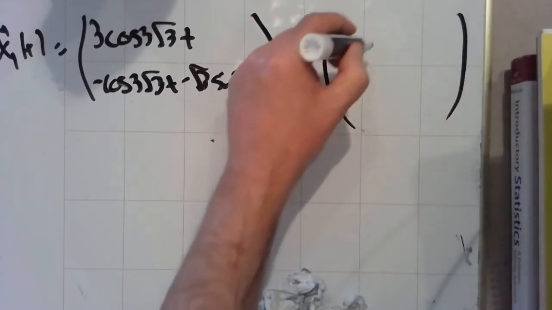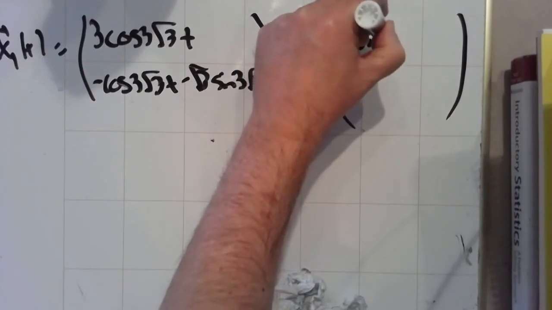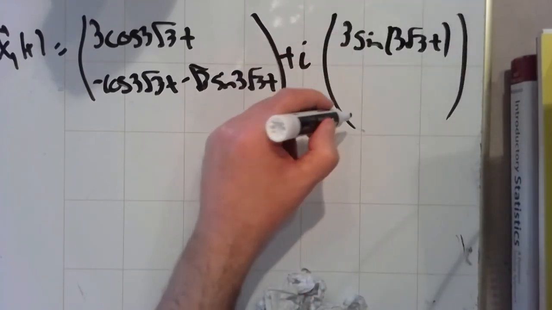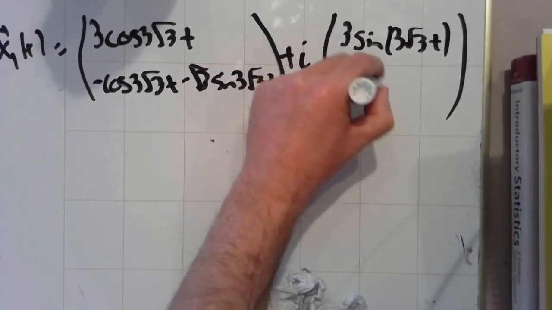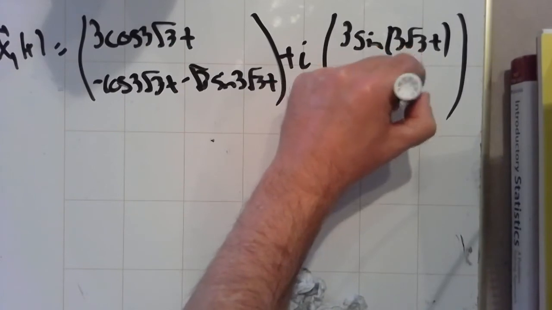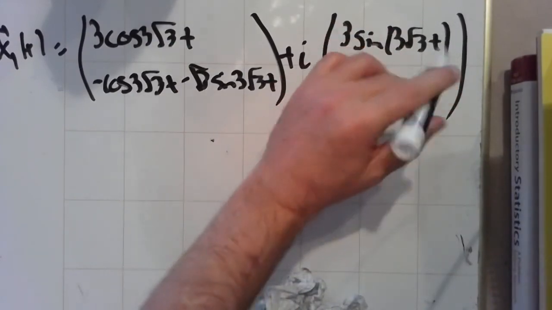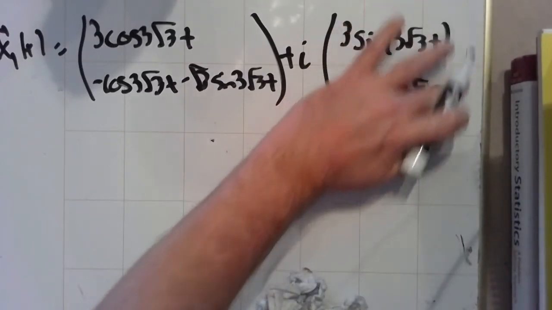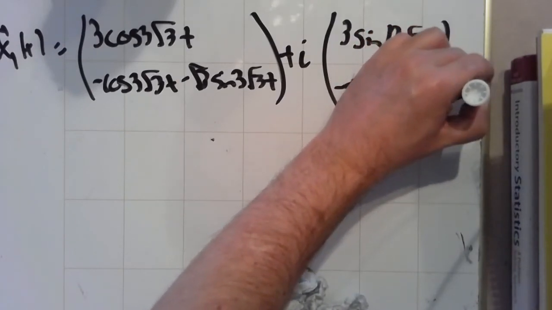Here's all the stuff on top that had an i, 3 sine of 3 root 3t. And then we had a negative sine 3 root 3t and a root 3 cosine of 3 root 3t.